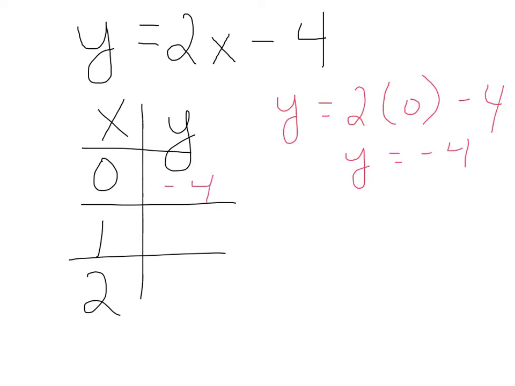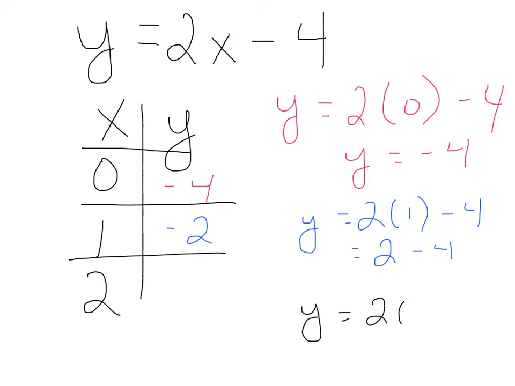When x is 1, the same idea, y equals 2 times 1 minus 4. I get 2 minus 4 for y, and y is negative 2. And when x is 2, it does not take much math again for me to realize that y is 0.